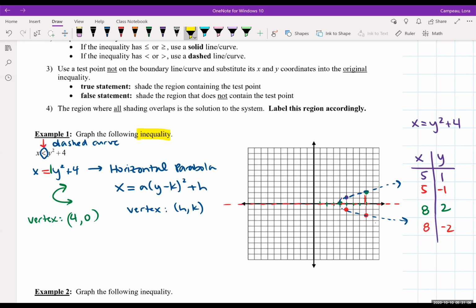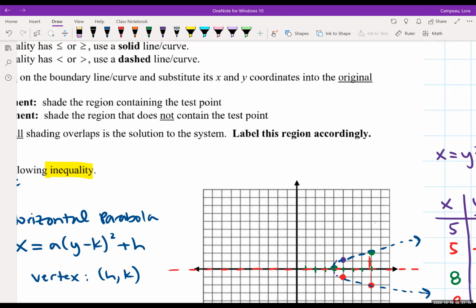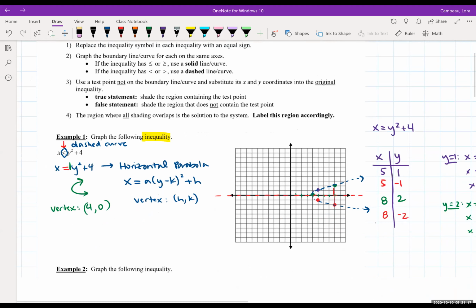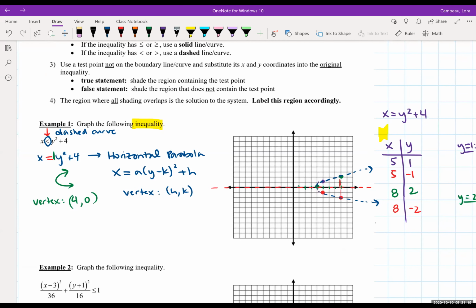that's not on the boundary curve. So we don't want to pick the vertex. We don't want to pick any of, let me zoom that back in for a second. We don't want to pick any of these points that we chose because that would be located on the curve. I like to pick something that's far away from the curve. So my favorite point is 0, 0.